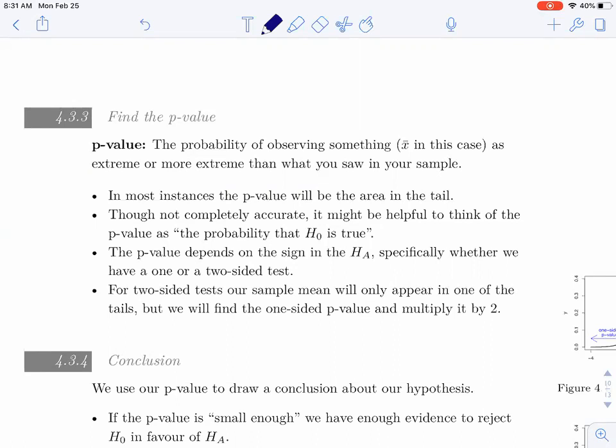Okay? You can think of the p-value as the probability that the null hypothesis is true. Okay? So if you think of it that way, then how we draw our conclusion is going to make a lot more sense.